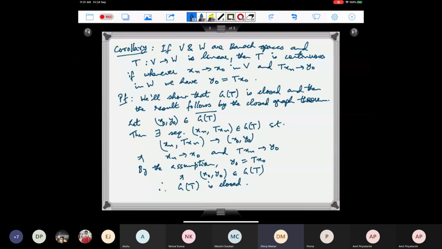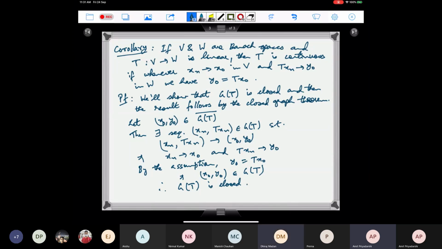So the statement of the corollary can be equivalently stated as: whenever xn approaches 0, then Txn approaches 0. If this is true, then T will be continuous. No, I mean that is always true for a linear operator. If xn approaches 0 implies that Txn approaches 0, then T is continuous at 0, and then by linearity T will be continuous at any point, right?